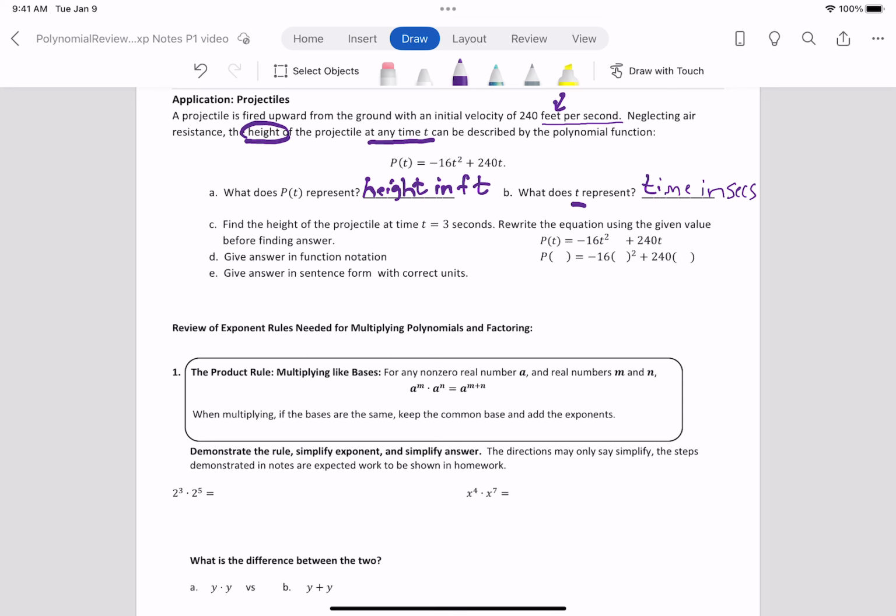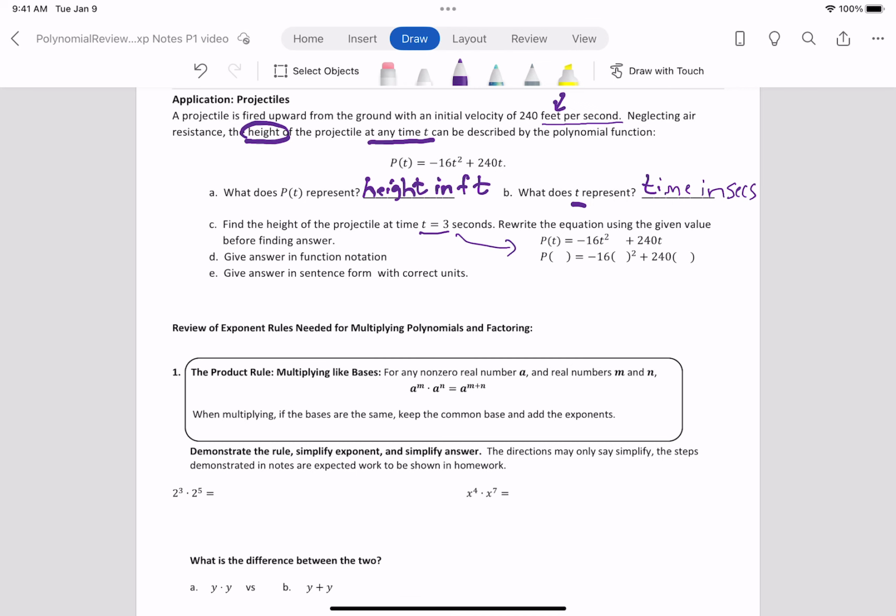So to solve this problem, it works a lot like the one we just did. If we want to find the height of the projectile at a time t equals 3, that means we're going to substitute 3 in the place of t, just like we worked the previous problem.